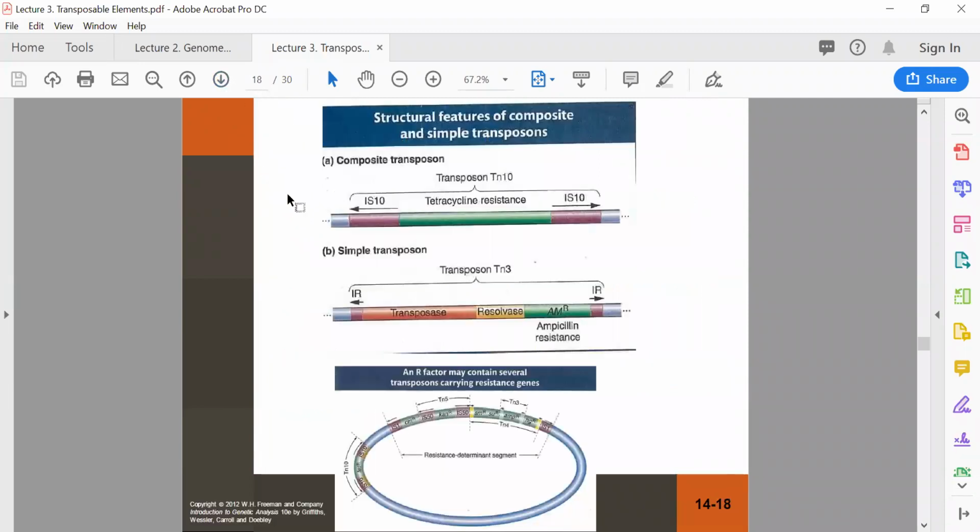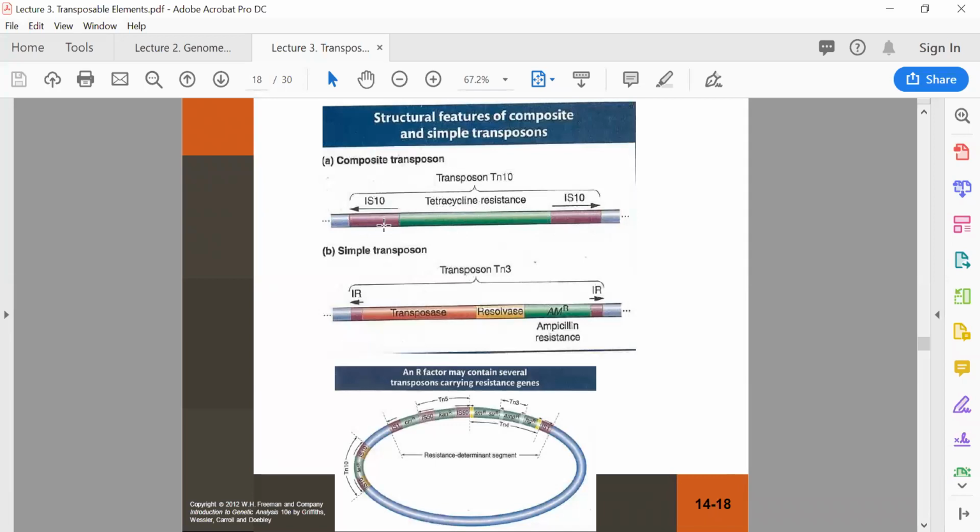All right, let's look at some of the structural features of two types of transposons. So at the top here, we have what's called a composite transposon. This one is actually called Tn10, and it contains one antibiotic resistance gene. This encodes resistance to the antibiotic tetracycline. And at either end of the gene, we have this IS10 region, which you can see here.